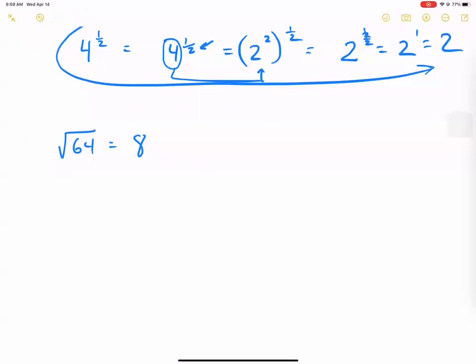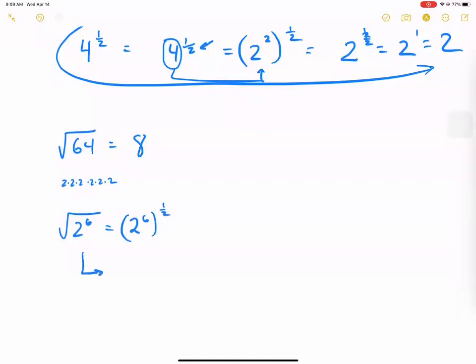And we'll say this. How many 2's are in 64? Just to rewrite this, it's 2 times 2 times 2, that's 8, times 2 times 2 times 2. So we have actually the square root of 2 to the 6th power. Okay. If I rewrite this the way we did before, 2 to the 6 to the 1/2 power.